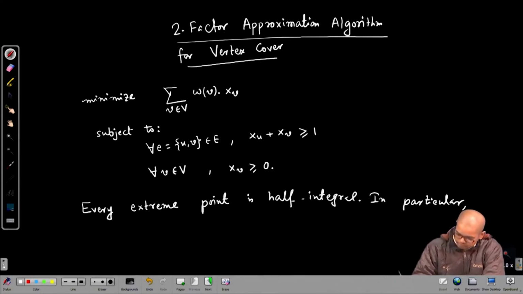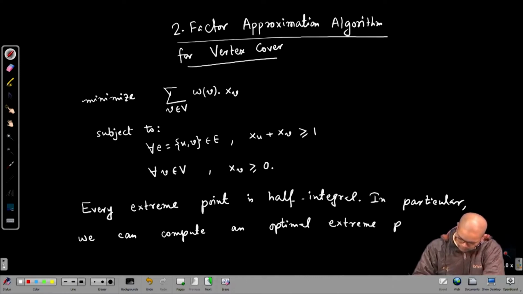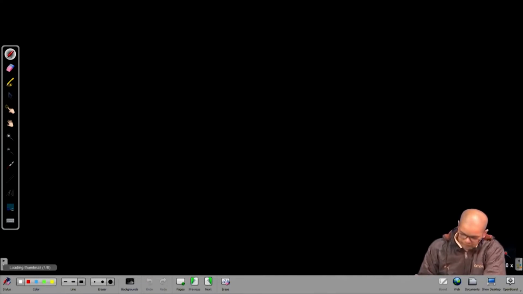So in particular, we can compute an optimal extreme point in polynomial time.